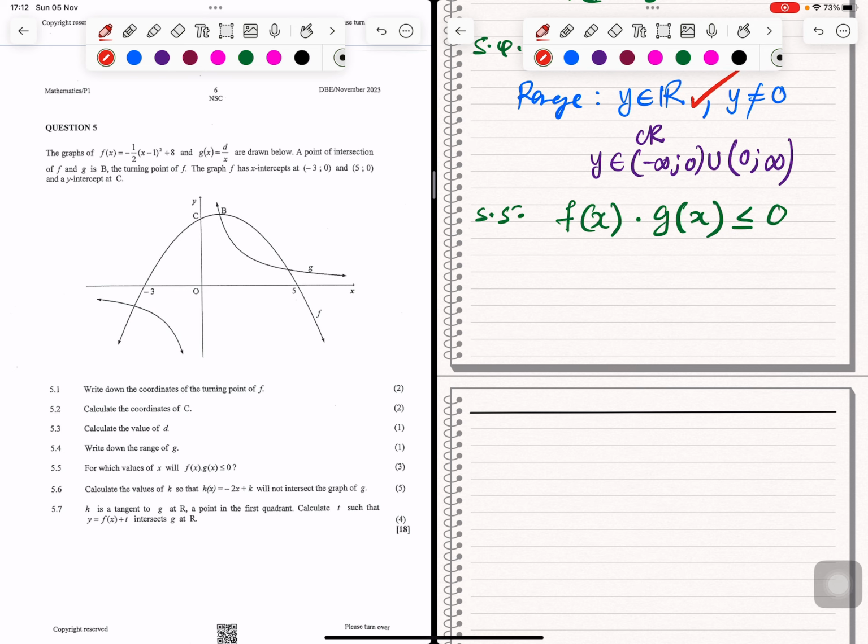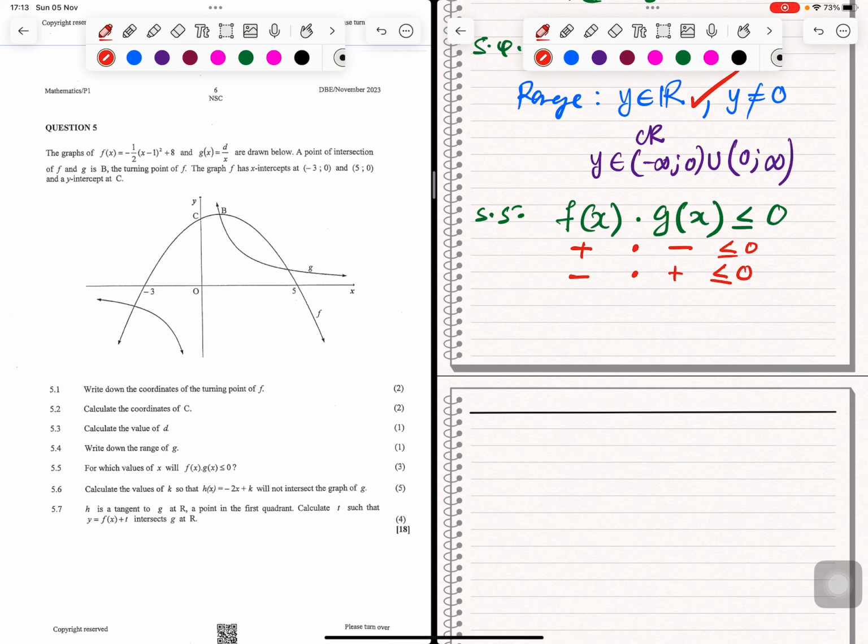And conversely, if you multiply negative and negative, you get a positive. So here they are looking at a situation where f is positive but g is negative, so that when you multiply these two signs, they give you less than or equal to 0. Conversely, if f is negative but g is positive, you are going to get less than 0 as well.